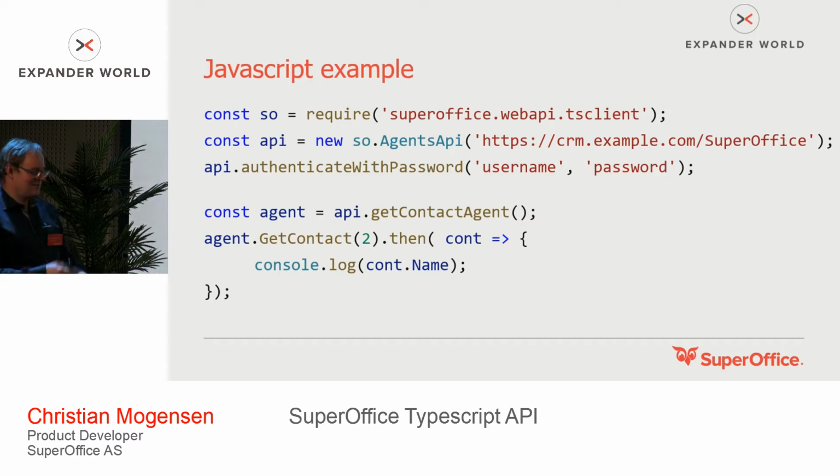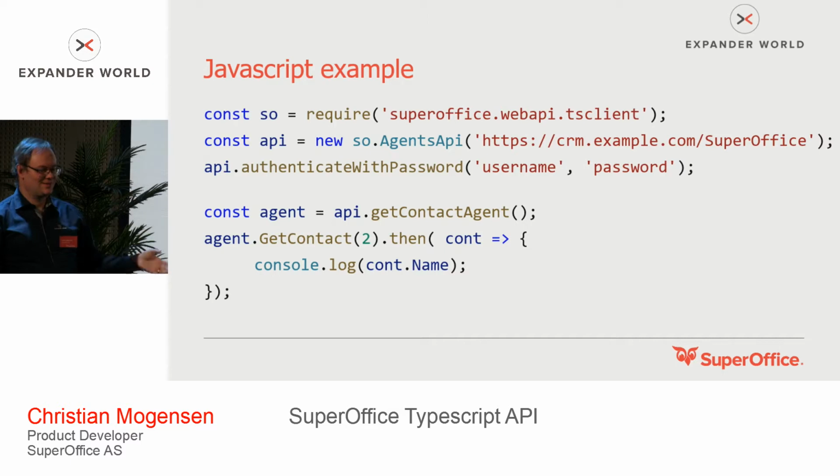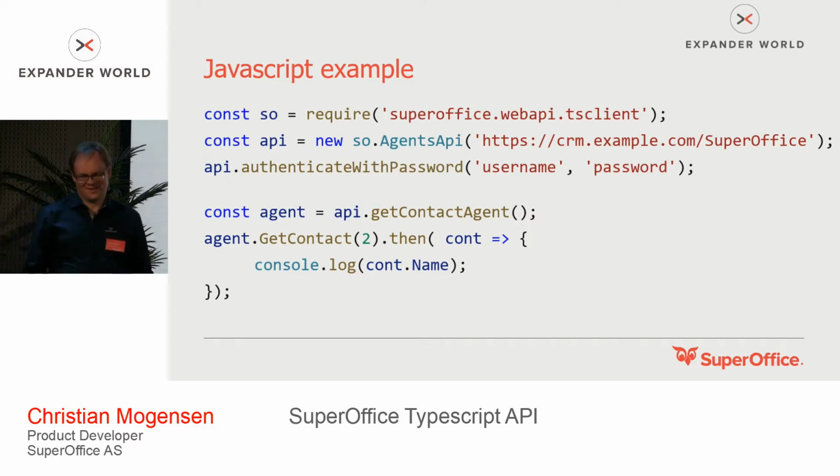So to the greatest extent possible, it will assist you while you're typing, even though it's not actually TypeScript. It sees that this thing has TypeScript definitions, picks them up and shows them to you in IntelliSense. Sometimes it will guess wrong, and you'll get odd suggestions. But for the most part, it's very helpful, even when you're working in JavaScript.